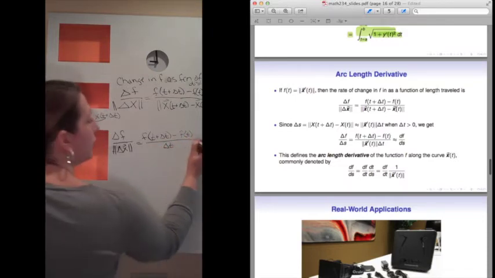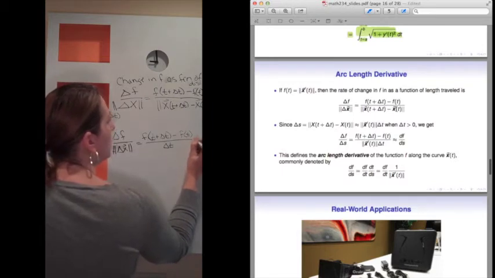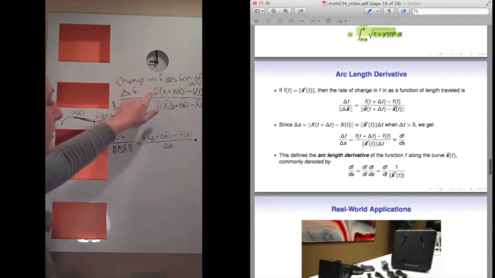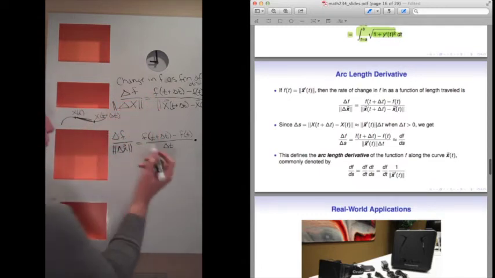That's going to be our first term. Now I'm going to multiply it by a second term. I've divided by delta t, so I need to multiply by it again.